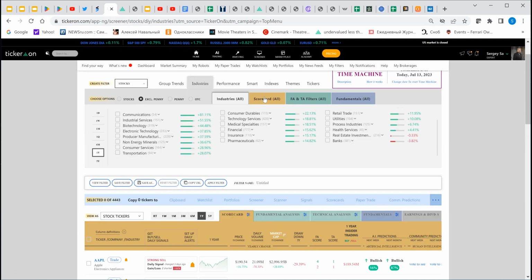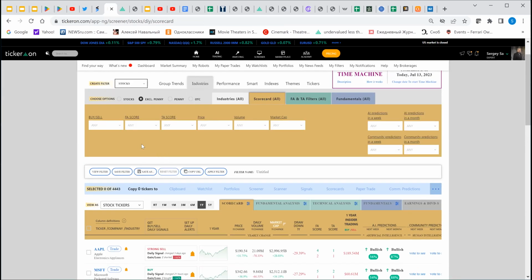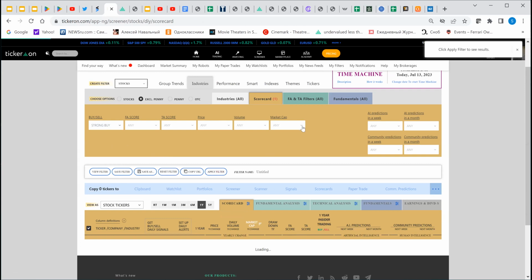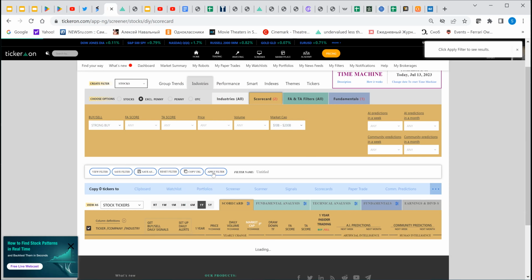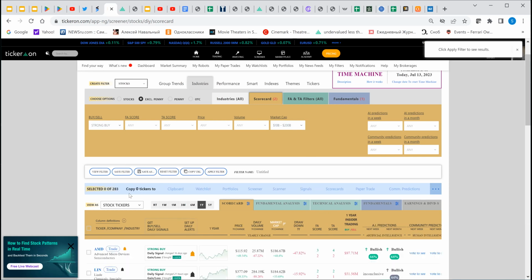So let's see. I kind of like this type of filter. I go here and find, first of all, you see, it's about 4,400 stocks, right? So I can say I like strong buy, apply filter, market cap between 10 billion and 200 billion, and apply filter. How many do I have?